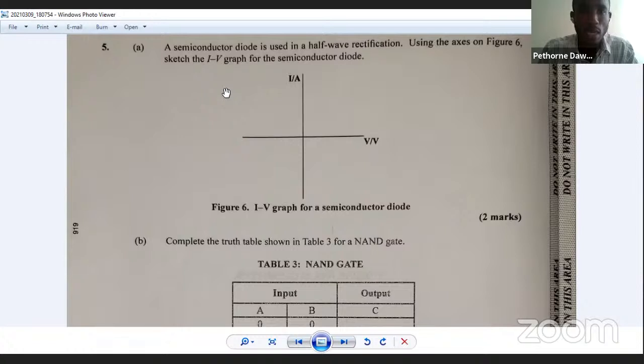All right, now sketch an IV graph for a semiconductor diode. What I'm going to do is screen share this. It'll be easier to show it on a screen share.